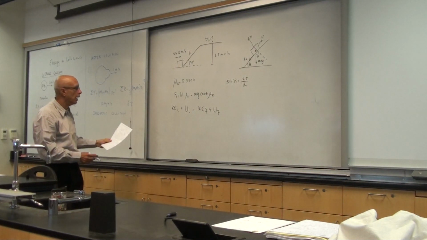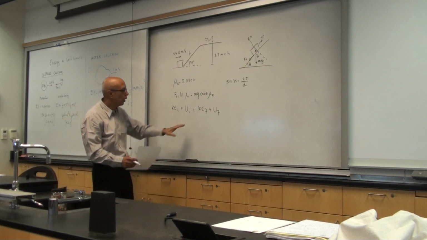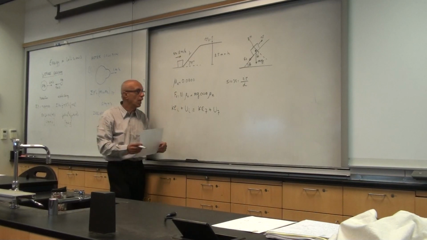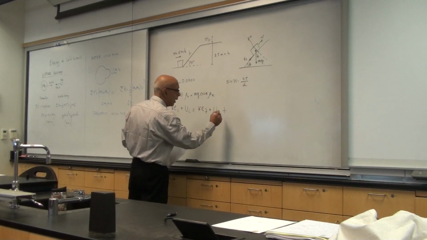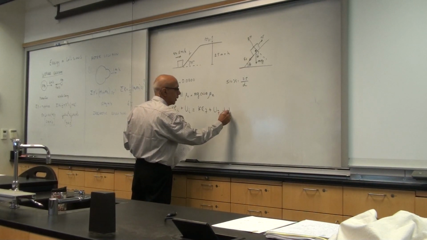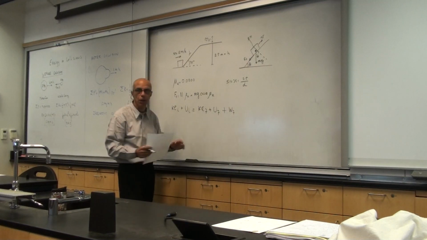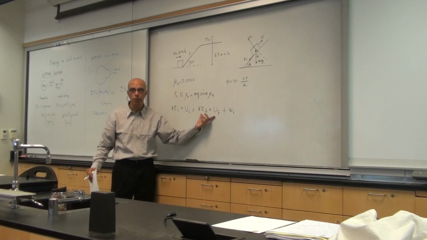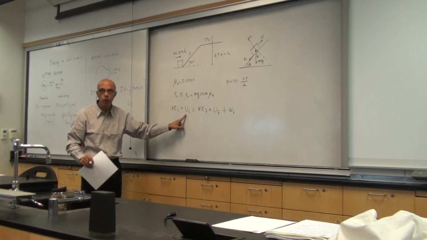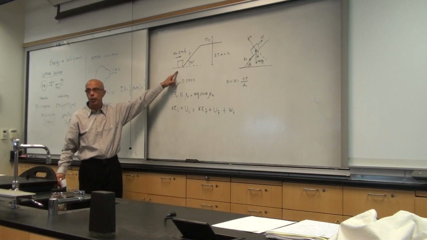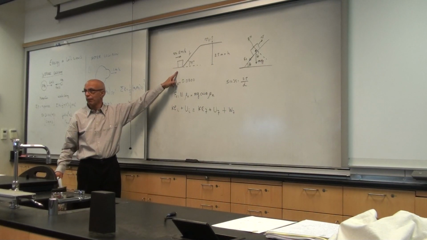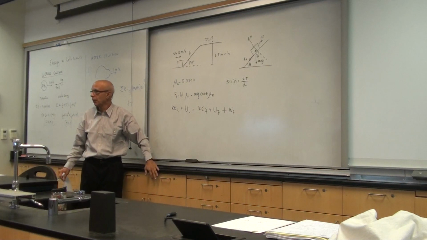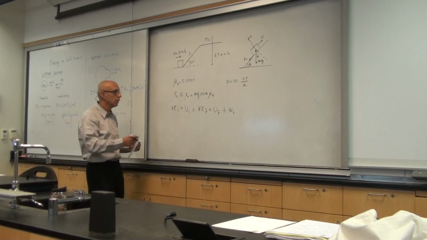So let's do that. Because this is not conservative, I need to add this work for friction on this side. That is taking away from here. What is the initial potential energy at this point? This is on the ground, so it is zero.